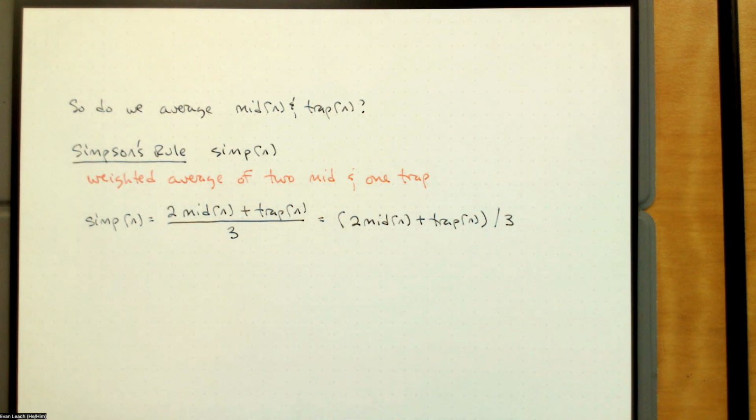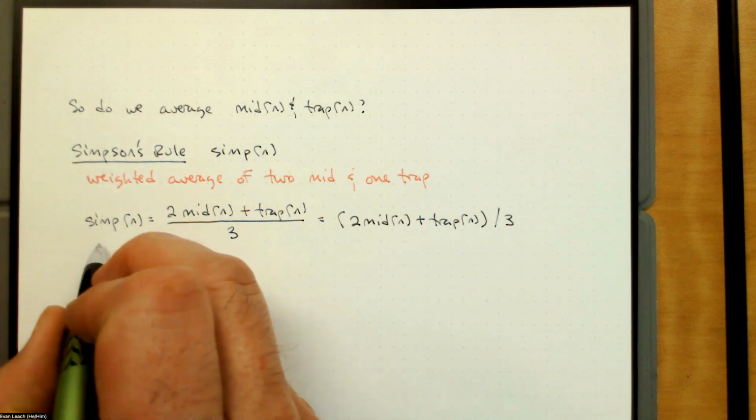If you write it in a single line, you have to write parentheses around the numerator. The interesting thing here is that we are also making an assumption about the function when we do this. The assumption that we're making is that the function is quadratic on each delta x.